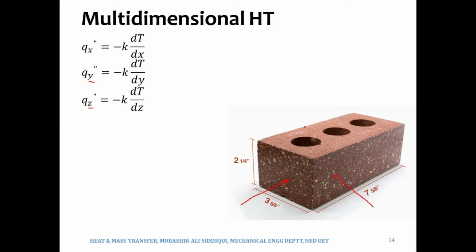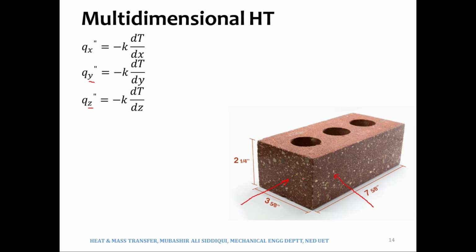Again, the heat is not being transferred from an edge to the other edge. It is being transferred from one face to the other face, from one surface to the other surface. And there would be infinite planes in between, and the heat will then reach the back face. So this is what we call Q in y direction.